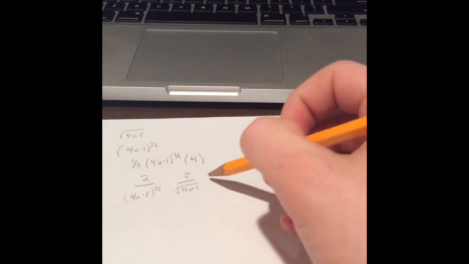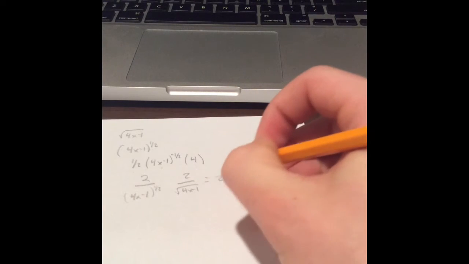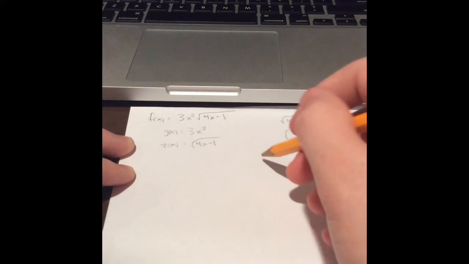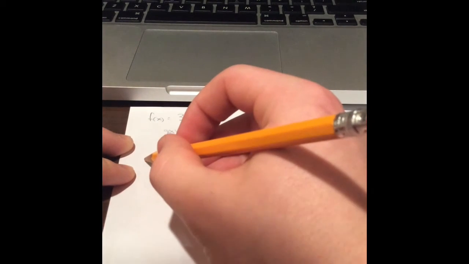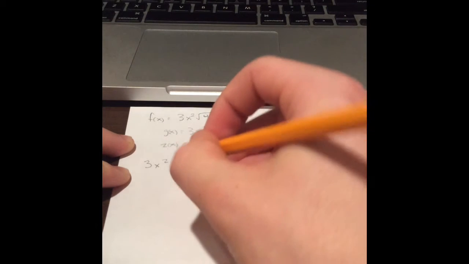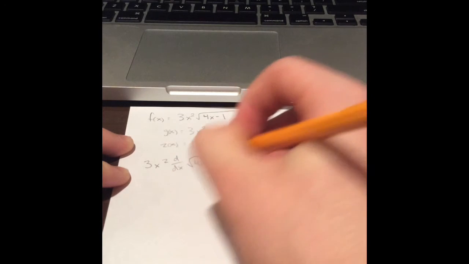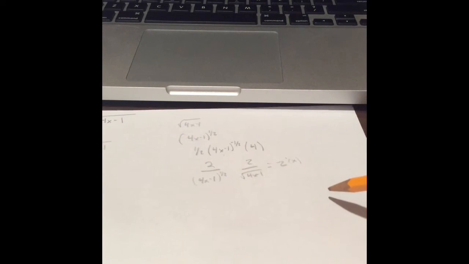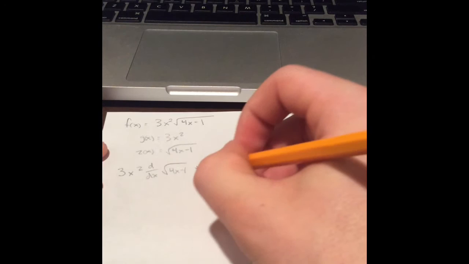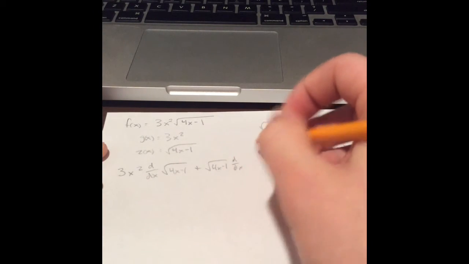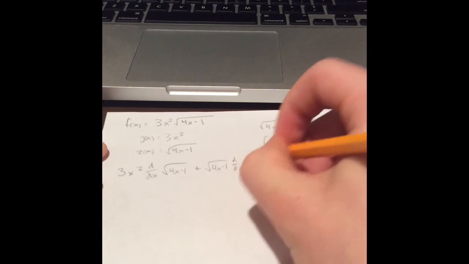So now that we have this derivative of z of x, we can go back and apply it to the product rule. So we have our original equation, g of x, which is 3x squared, times the derivative of root 4x minus 1, which we found over here using the chain rule, plus root 4x minus 1 times the derivative of 3x squared.